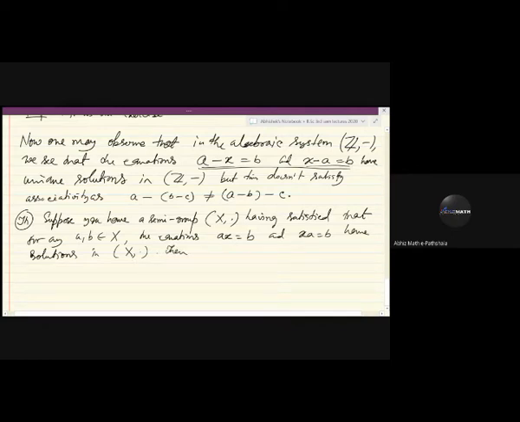Then you must conclude that (X, dot) will form a group.